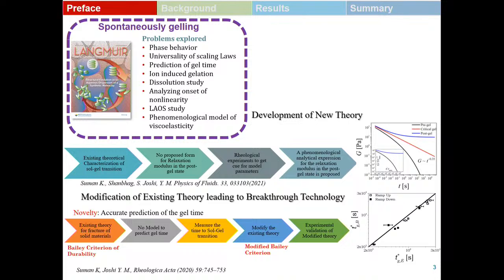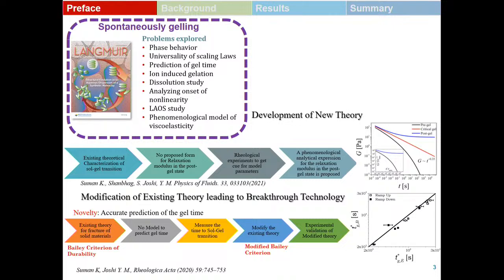To begin with, we worked on a spontaneously gelling system with a model system of laponite, a clay particle of anisotropic, disc-like shape, and we tried to understand different facets of gelation through it. We developed a phenomenological model to understand how the gel behaves in the different stages of gelling.